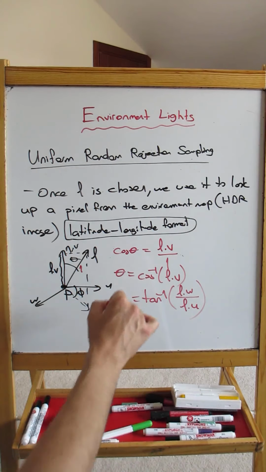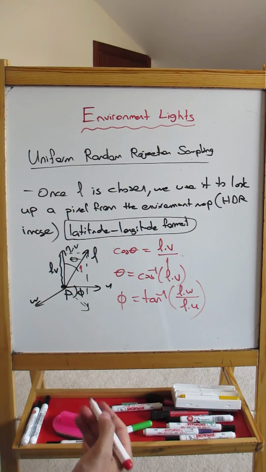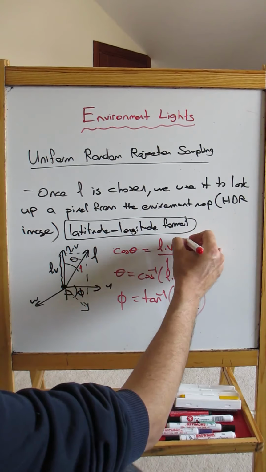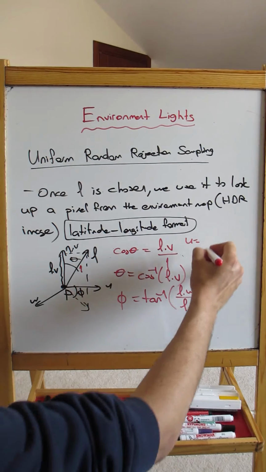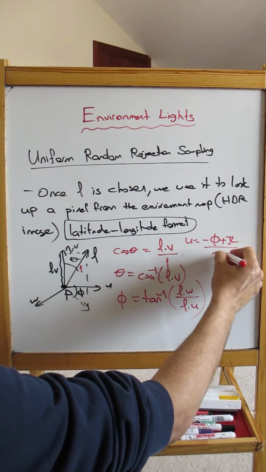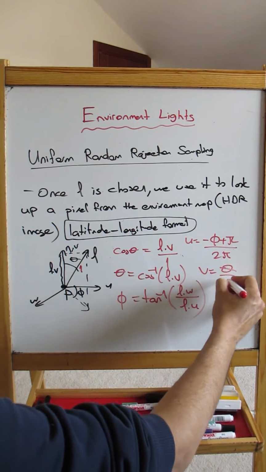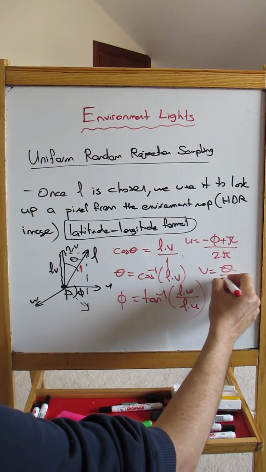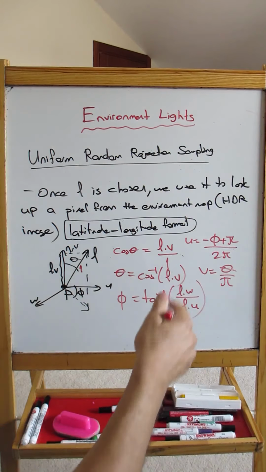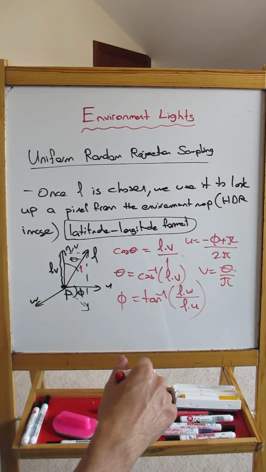So we find two coordinates, theta and phi, and now we convert them to u and v as usual. So u is equal to minus phi plus pi divided by 2 pi, and v is equal to theta divided by pi. We are using the same kind of mapping as we did in texture mapping.